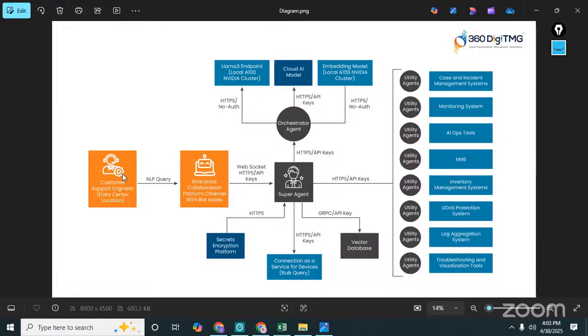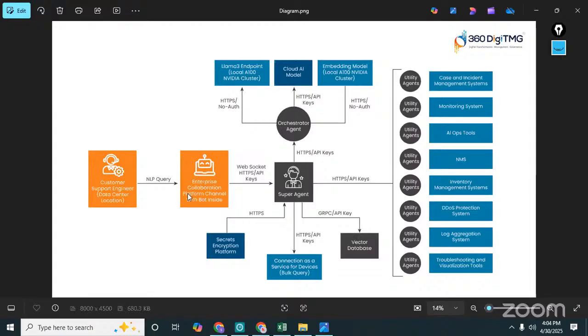When an incident arises, for example, the server is down or there is any abnormal behavior with the server, this customer support engineer sends a natural language query, an NLP query. For example, why is server 52 rebooting every 15 minutes? He will send a natural language query like this.